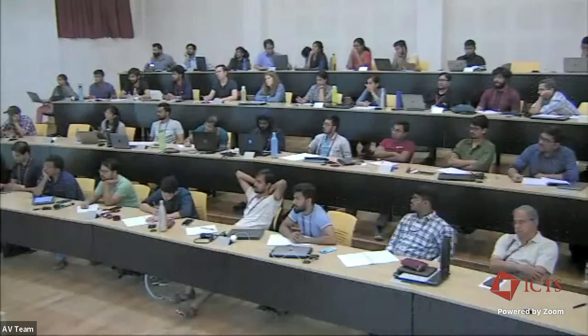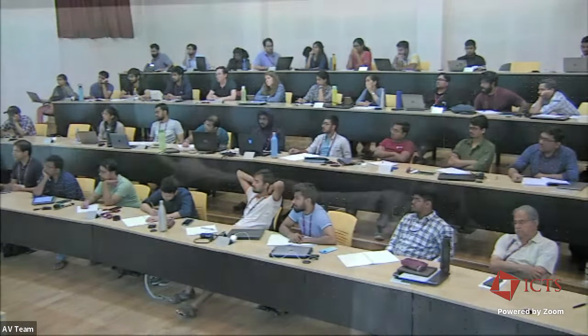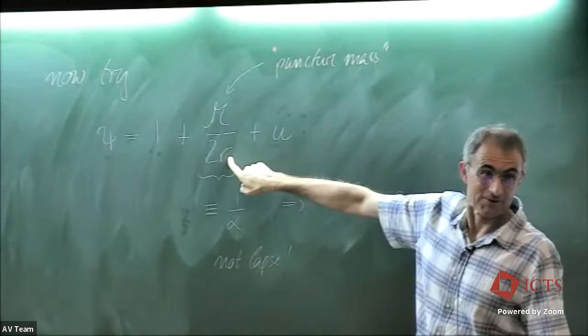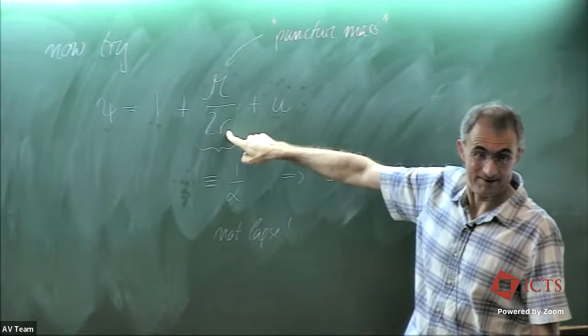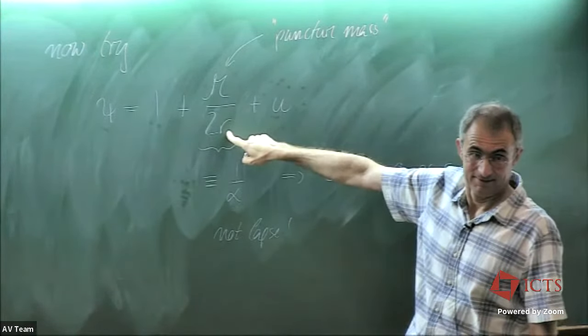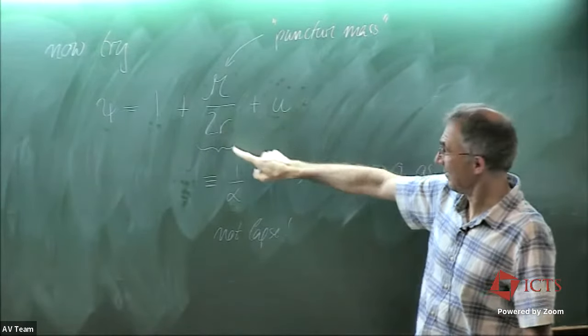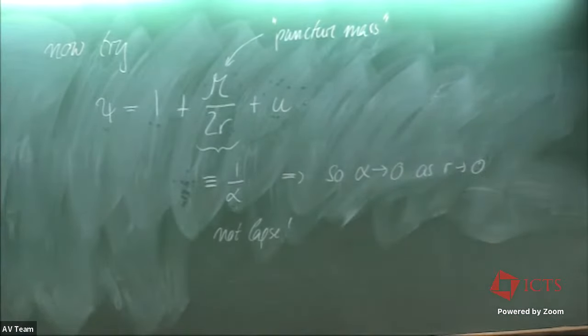If I take the Laplace operator of this, you'll probably believe me that the Laplace operator acting on 1 is 0, right? You also remember that was, of course, a solution to the Laplace operator. So if we act on this one, it'll also be 0, right? You buy that? So the only term that remains on the left-hand side is the Laplace operator acting on u. Okay, so let's write this down.